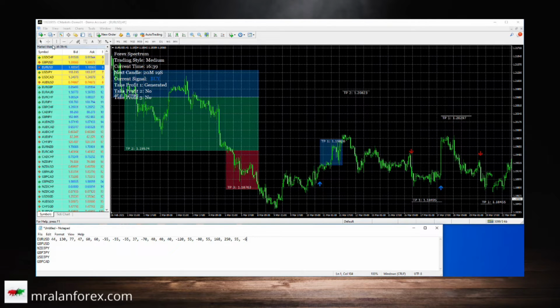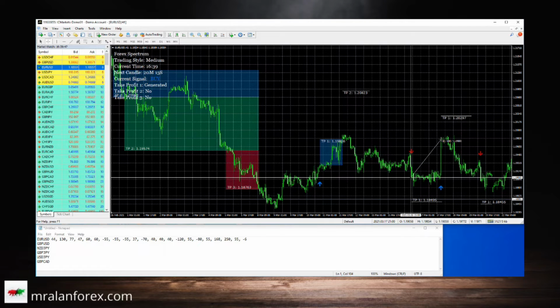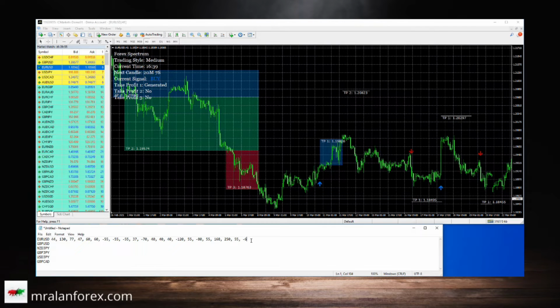And then we have a short, which, because it actually goes back to 80, but of the 60 pip stop loss, we hit our minus 180, so it's 3 times 60, minus 180 loss there. So not a good move.